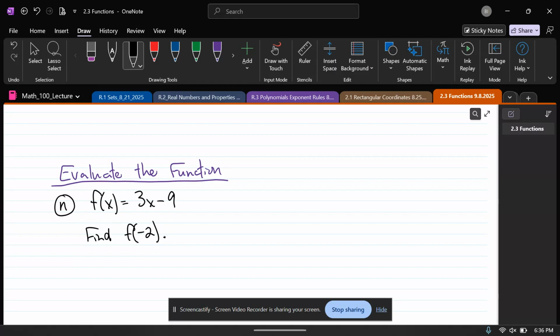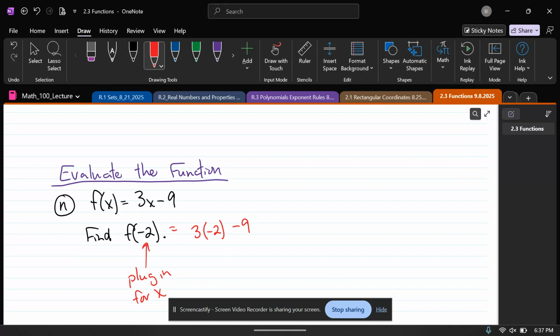What does that mean to do? Plug in what? Negative 2 for x. So plug in for x. So that's going to be 3 times negative 2 minus 9.